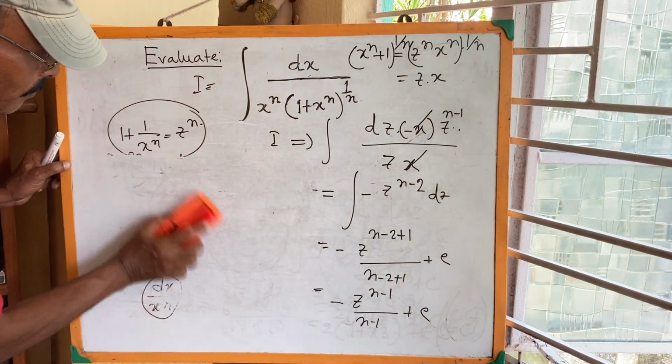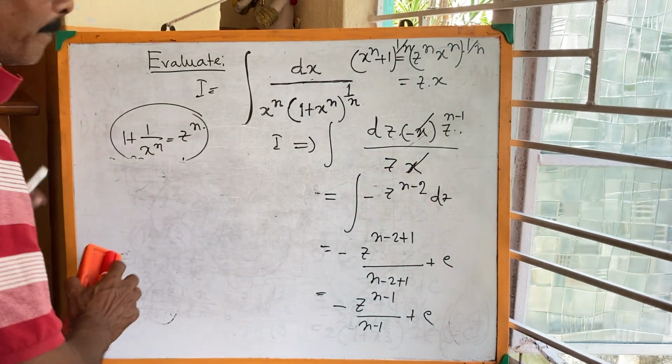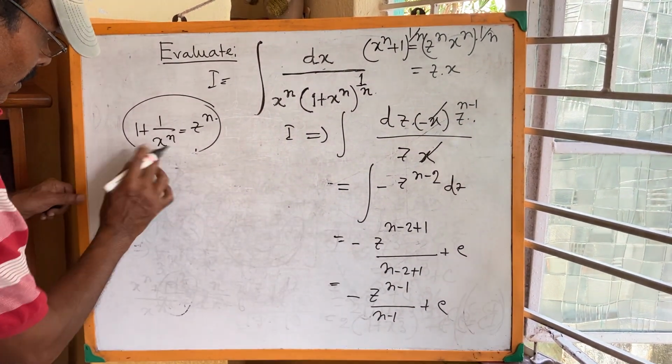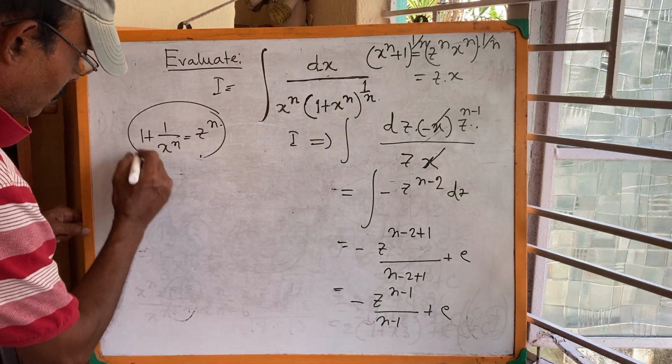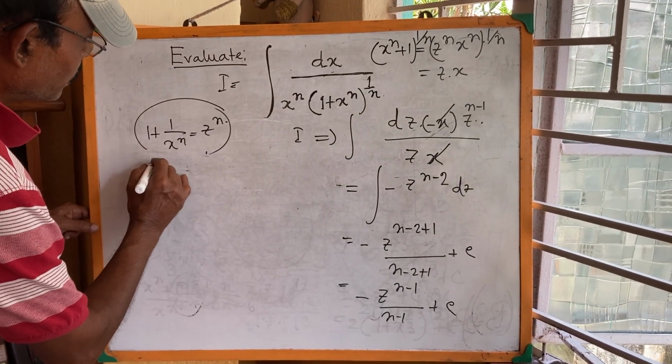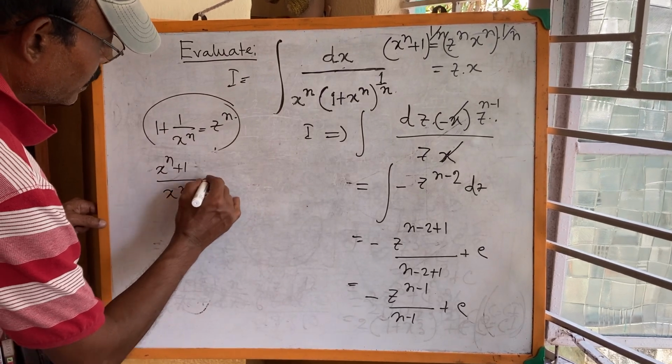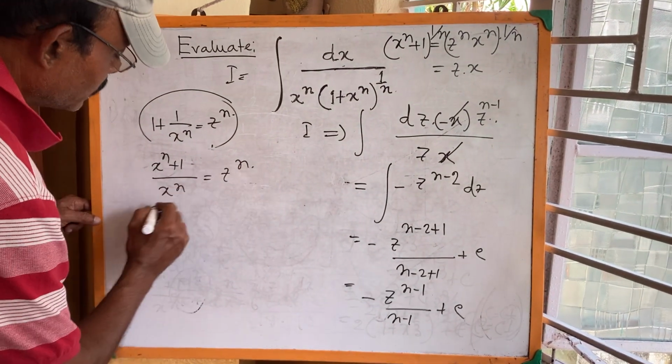We have to find the value of z to the power n. So here z to the power n equal to x to the power n plus 1 by x to the power n equal to z to the power n.